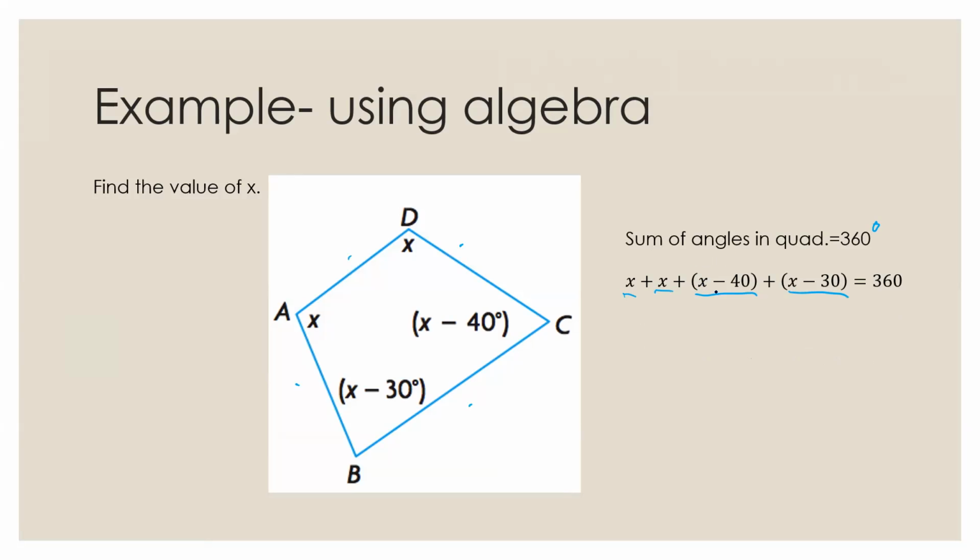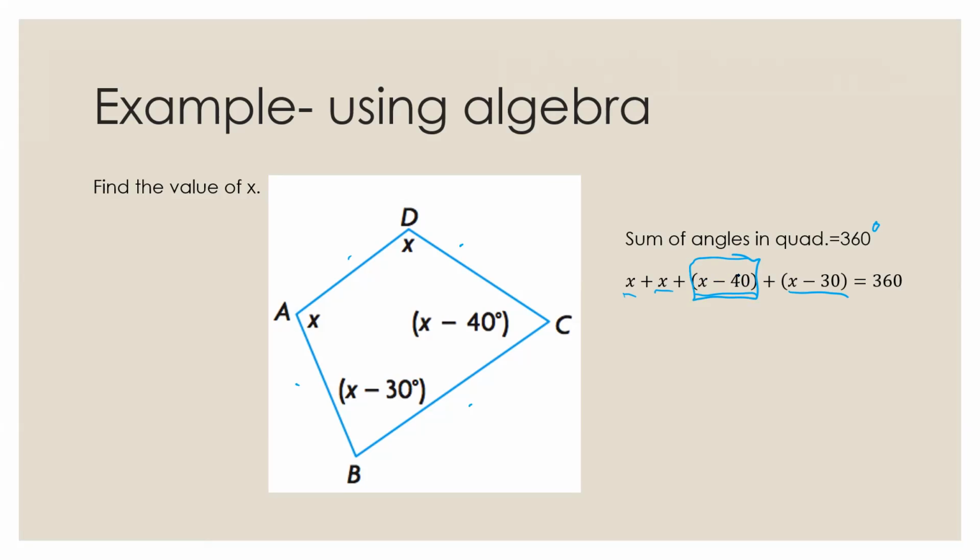Notice that I'm putting brackets around the angles, and the reason for this is because I'm specifying that this entire expression, x minus 40, is one of the interior angles. So I'm kind of piecing it together by putting brackets around it. So I know that if I add the four interior angles, they're going to add up to 360 degrees.